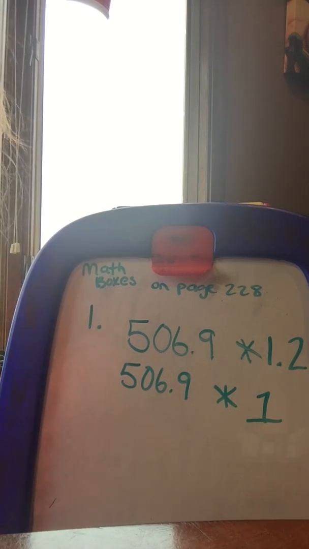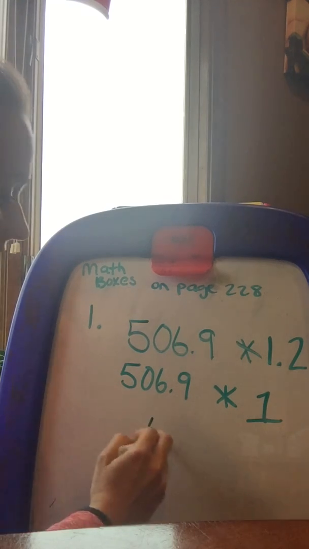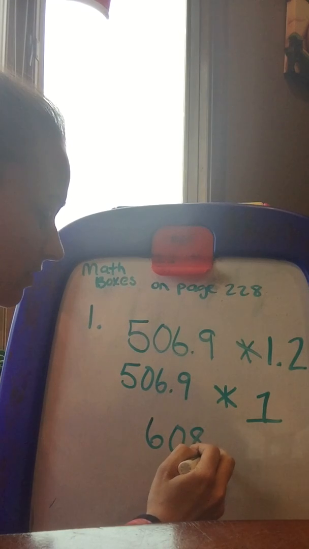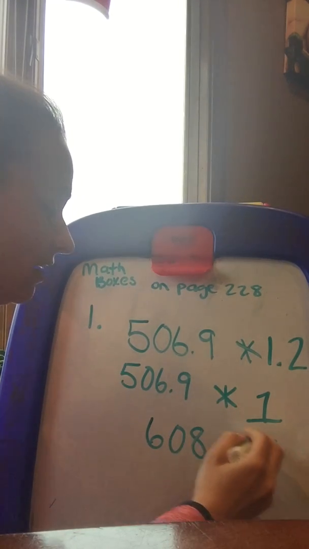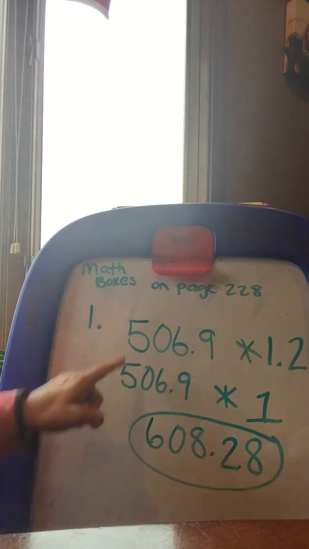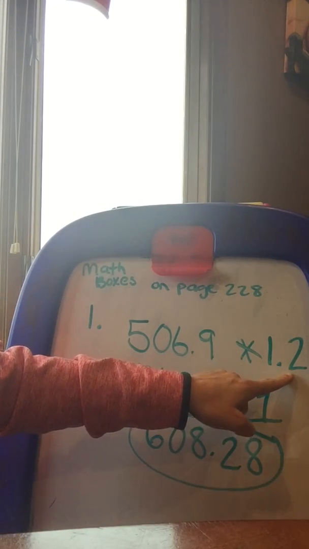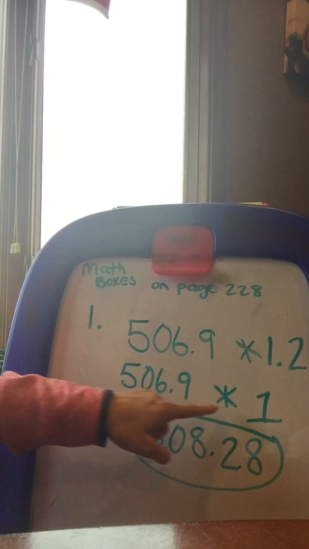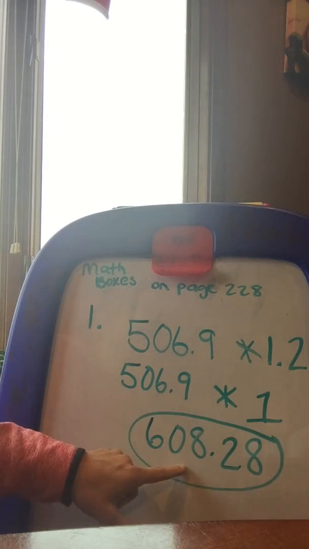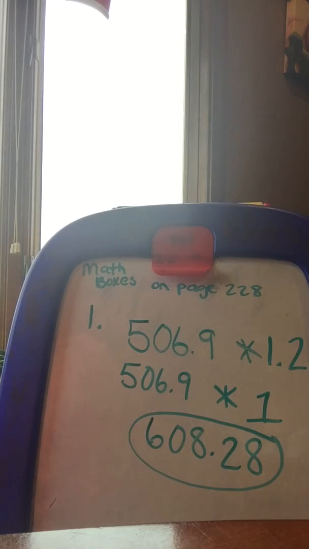So I look at my choices, and one of the choices that's closest to 506 9/10 would be 608 28/100. So again, this is the correct answer if you actually were to do this, but I could get a pretty close estimate in my head and know that that is the correct answer.